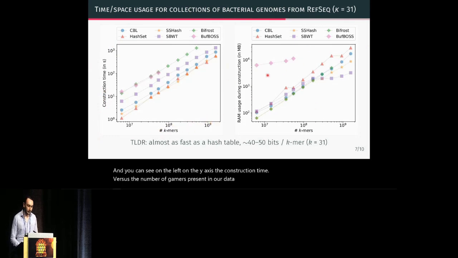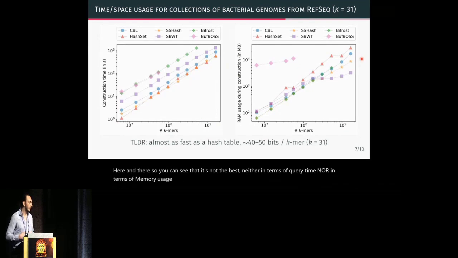And in the second figure, you see the memory usage. Our data structure is the blue one, here and there. You can see that it's not the best, neither in terms of query time nor in terms of memory usage, but it's still very good for both. So I think it's a good trade-off. And most importantly, it's fully dynamic, whereas these structures aren't.